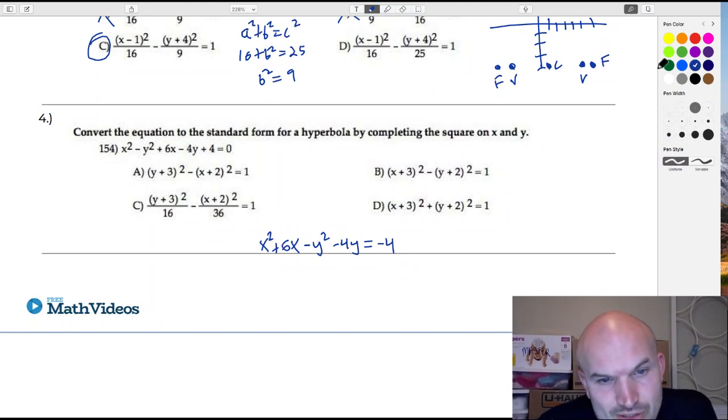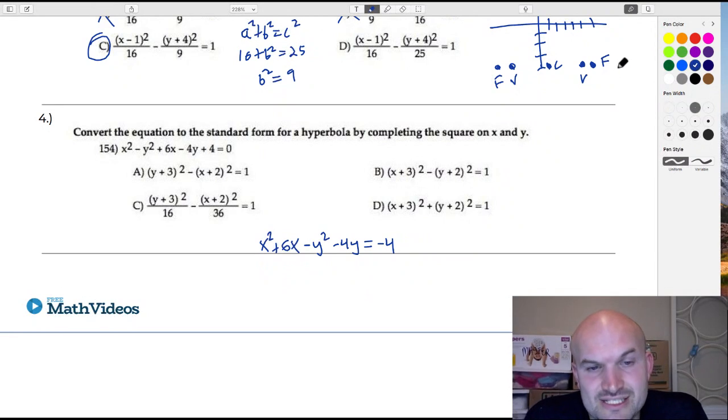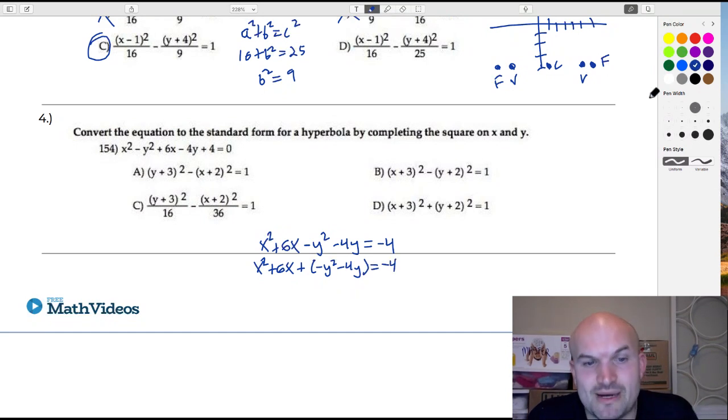Now, the problem with grouping your x's and your y's right now is there's not really a good way to group with a negative. So what we're going to want to do is actually group this as an addition problem. So I'm going to change this to a negative y squared minus 4y equals negative 4. So by changing this to an addition problem like this, now what's going to happen is I'm going to factor out this negative.